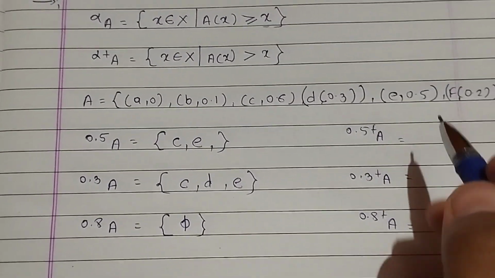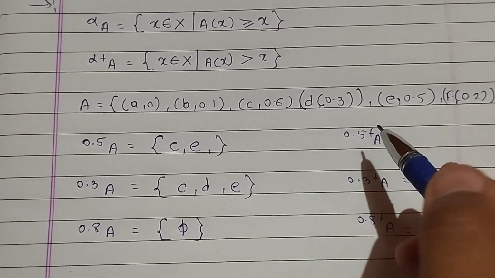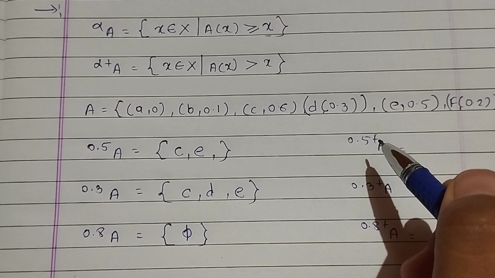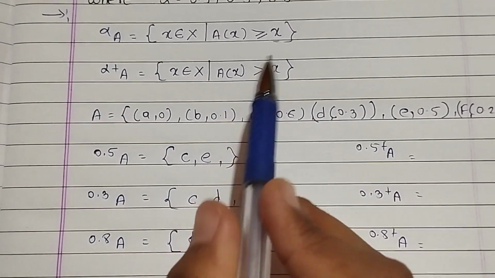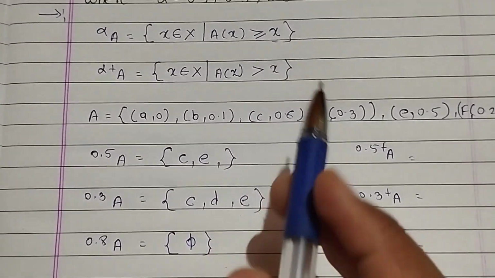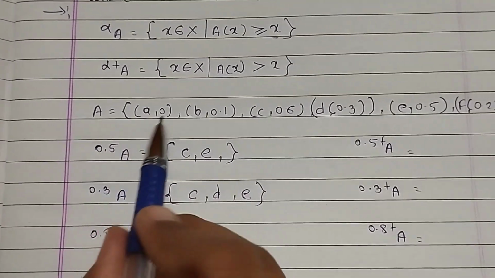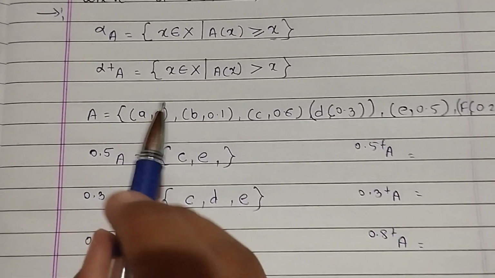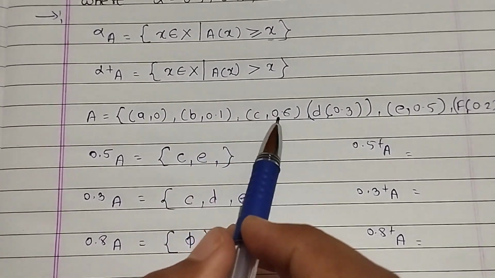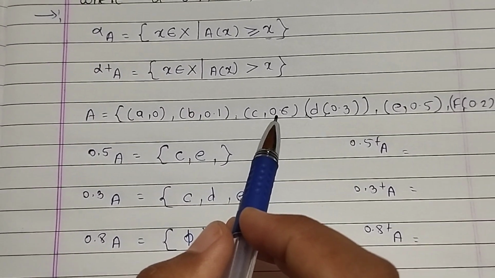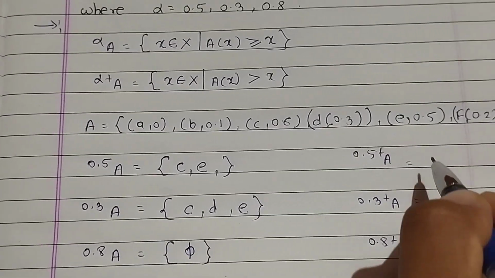So let's check. We find out the strong alpha cut set. So we want A of x only greater than alpha, not equal to. So is 0 greater than 0.5? No. Is 0.1 greater than 0.5? No. Is 0.6 greater than 0.5? Yes.